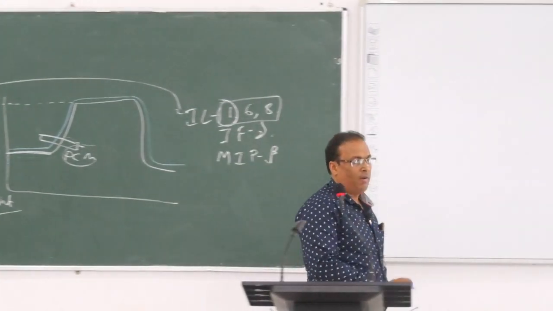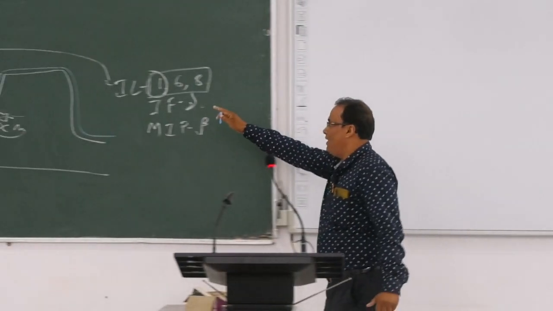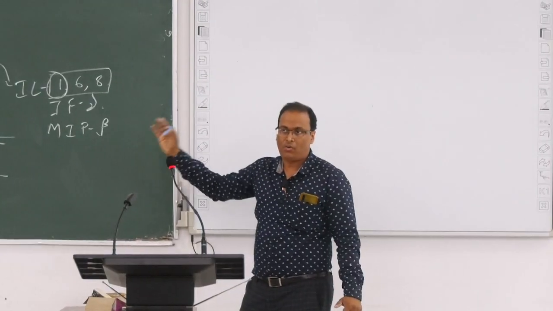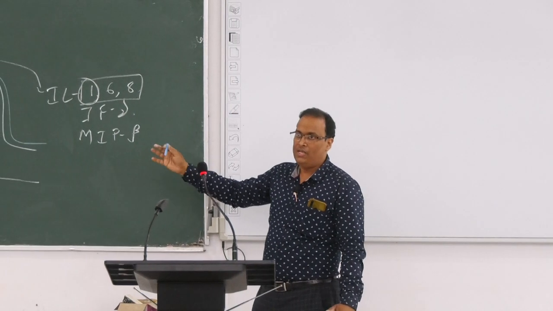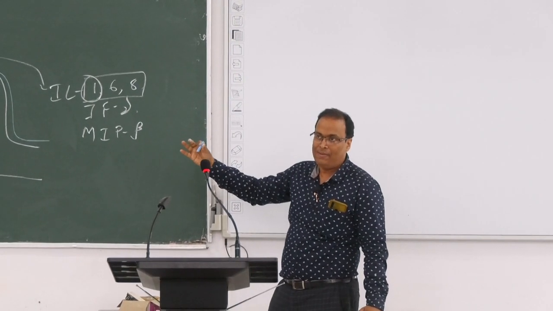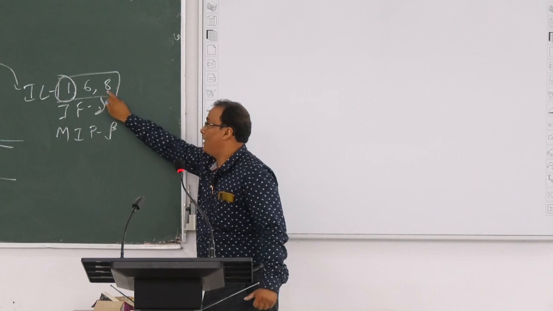So when our body is at the set point, better to avoid giving paracetamol unless you are uncomfortable. So interleukin 1 is the most potent cytokine to cause the release of PGE2 and increase cyclic AMP level and set point, increasing also with 6 and 8.